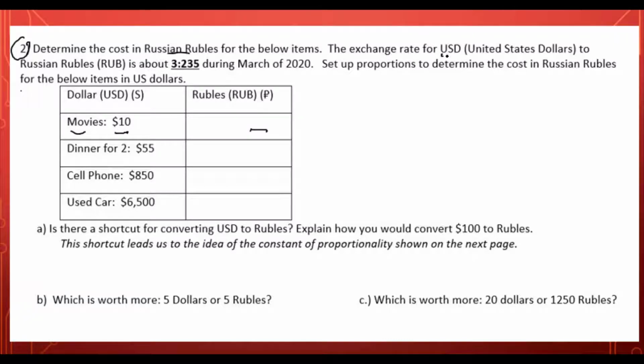Notice it says US dollars to Russian rubles, 3 to 235. So I'm going to take that currency exchange, 3 to 235, and convert $10, which it costs for an average movie, into how much the average movie would cost in rubles. And why I do that, I'm going to find the equation so I don't have to constantly repeat cross-multiplying and dividing.